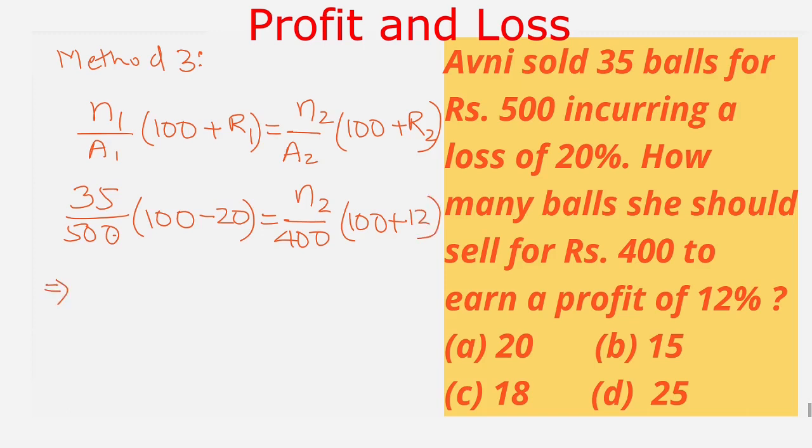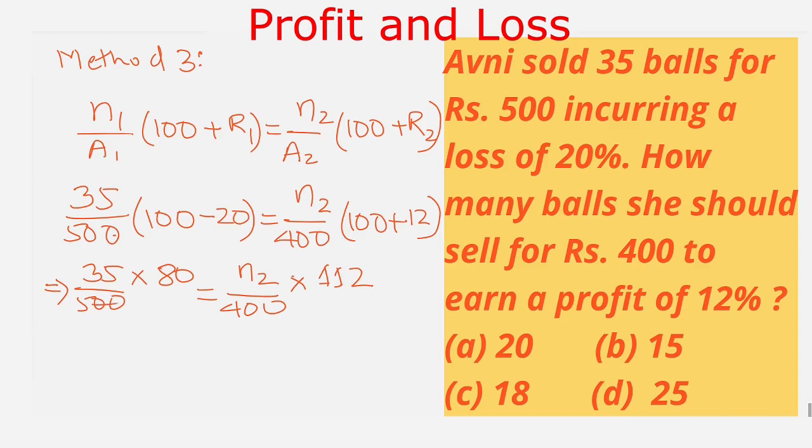This is equal to 35 over 500 multiplied by 100 minus 20 is 80, equal to N2, the value we want to calculate, upon 400 multiplied by 100 plus 12 is 112.